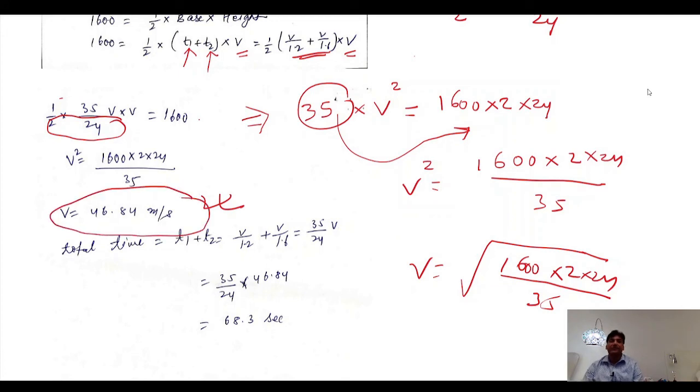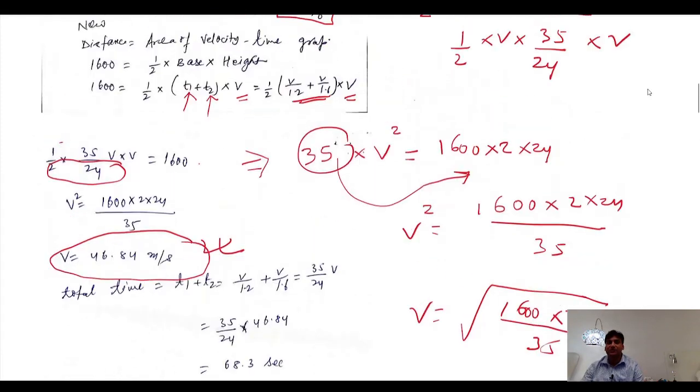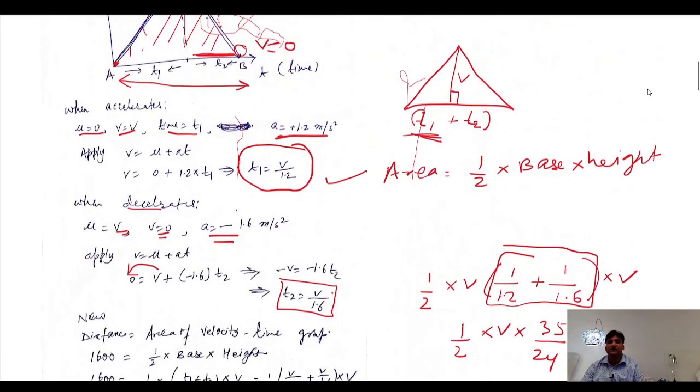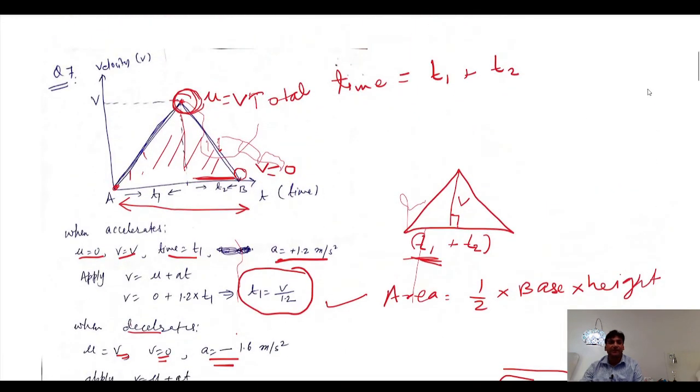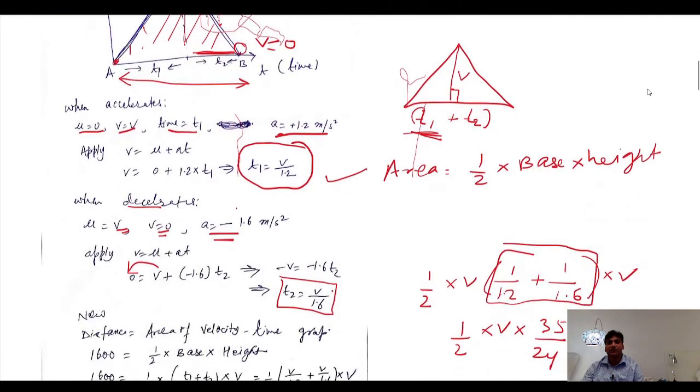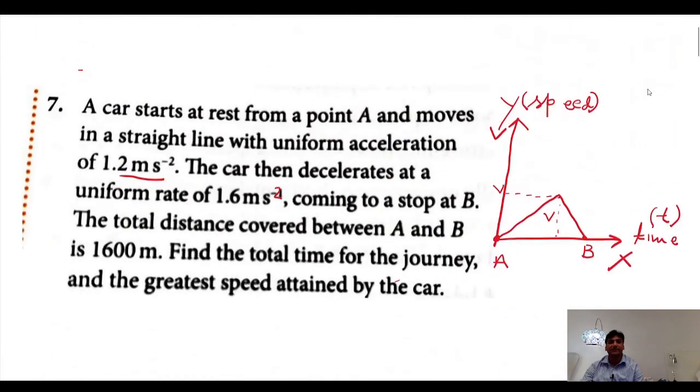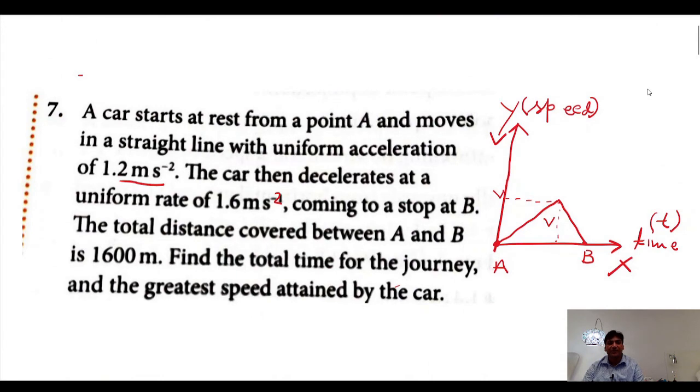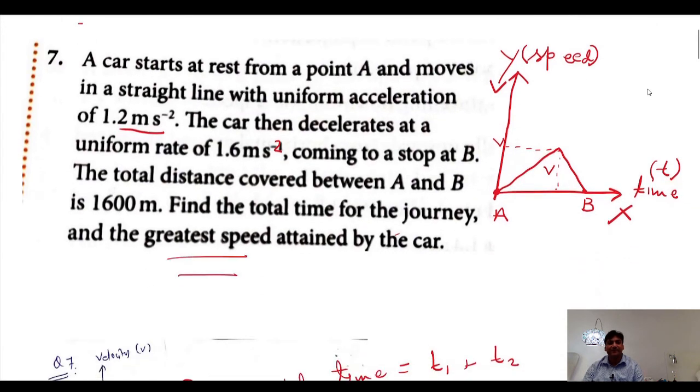I think there were 2 parts, find velocity and total time. So we got the velocity, I mean the maximum velocity, v, which I had considered. Let me show you again. What I had considered as v was our maximum velocity, right? Our question was to find the maximum velocity, the total time for the journey, and the greatest speed.